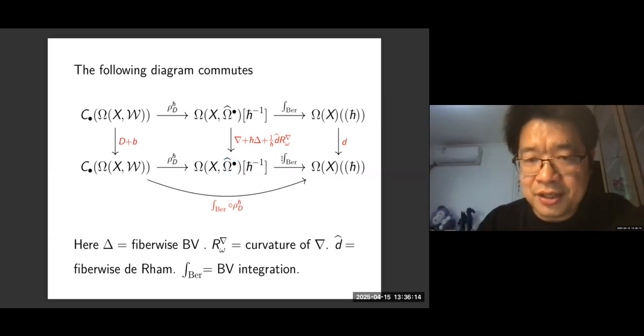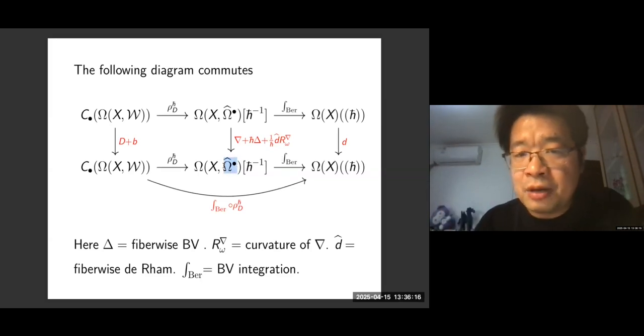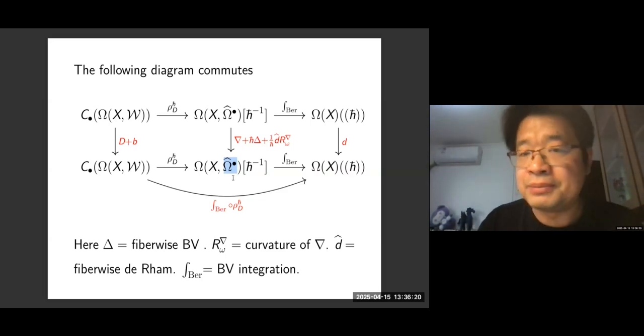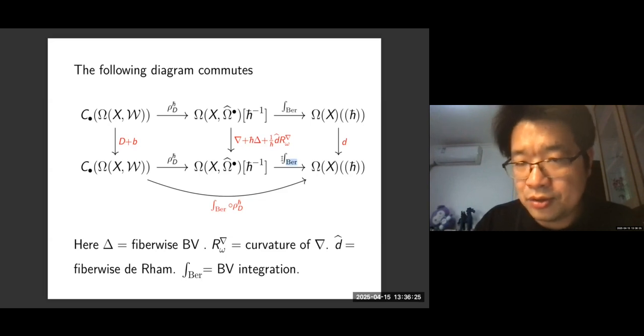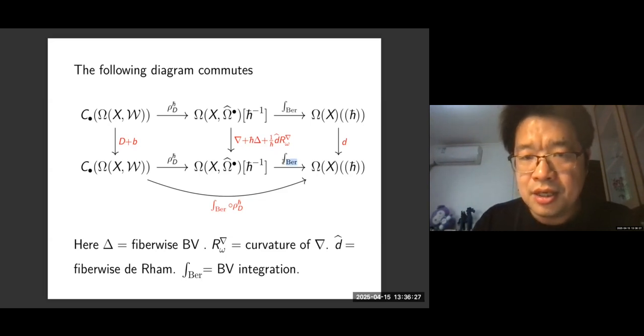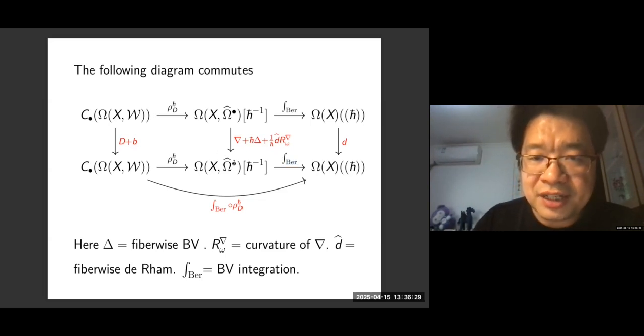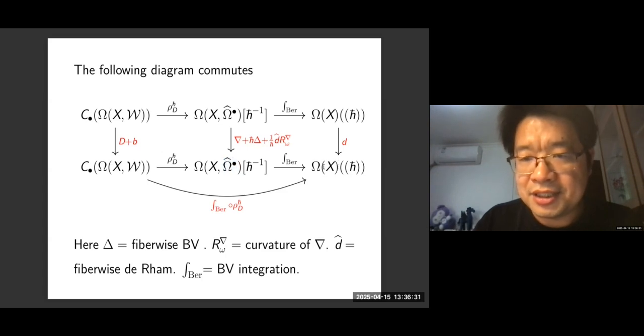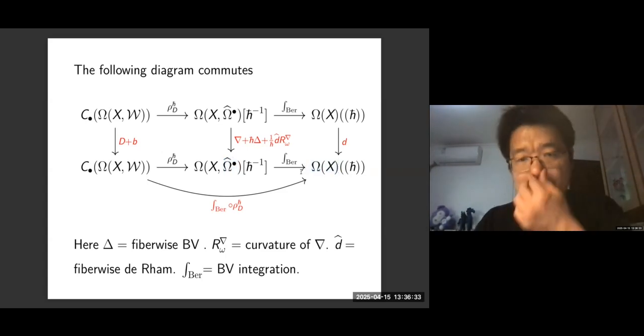So here it is precisely a Berezin integration on fiberwise differential forms. You can compare the differential forms here with the volume form from this symplectic structure. That's a Berezin integration, or this BV integral. So you can integrate out this fiber, and you get a differential form on the base.